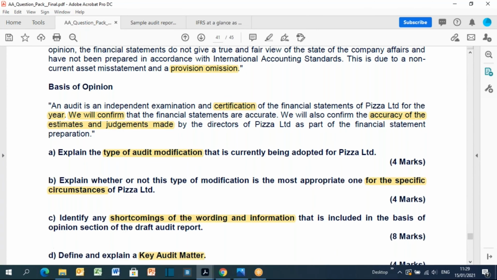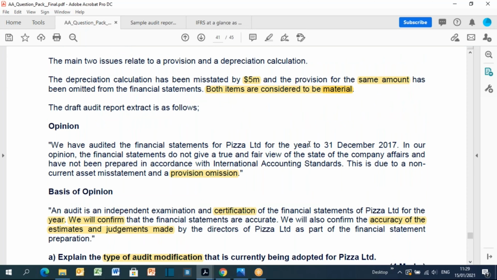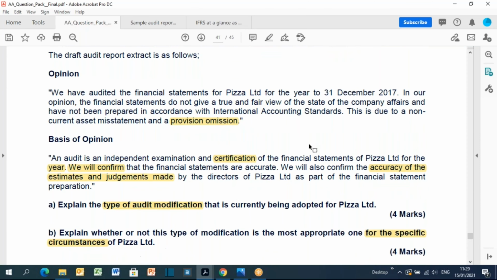And if we look at the requirement, first of all, it asks what type of audit opinion is currently being adopted. We have to read the paragraph. So this is a normal layout of the opinion, with the basis of opinion after the opinion. If you see this basis of opinion in front of opinion and opinion after that, that is wrong.